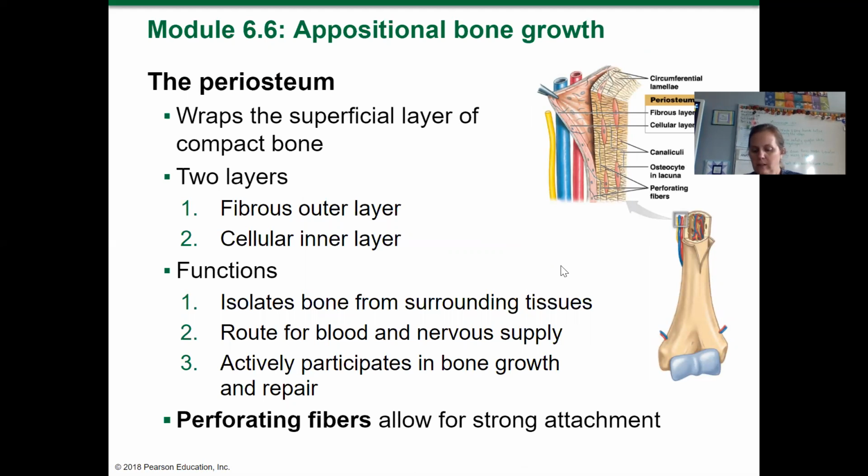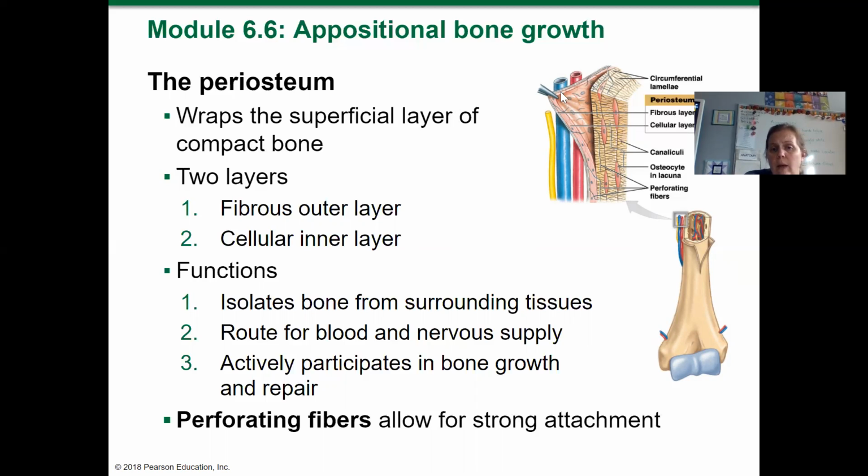The periosteum, this is a picture from page 221. This top picture is a cross section of the compact bone. You can see the periosteum is this layer right here that wraps the superficial part of the compact bone. There's a fibrous outer layer and a cellular inner layer.